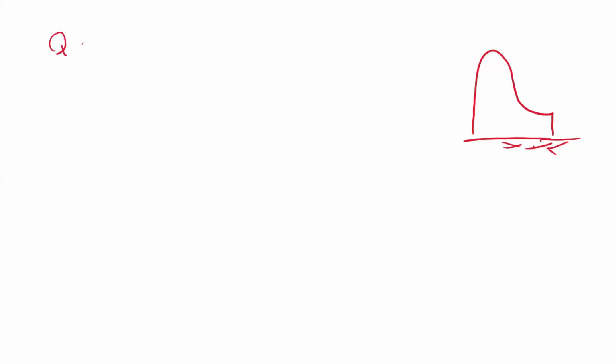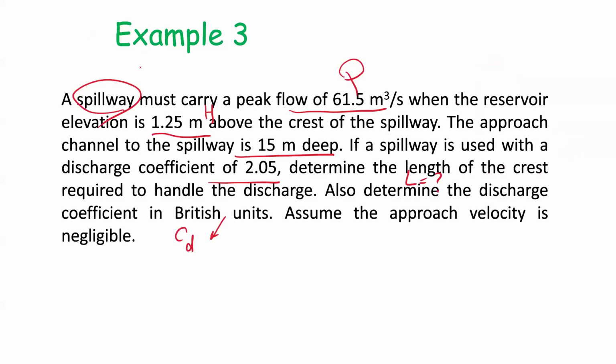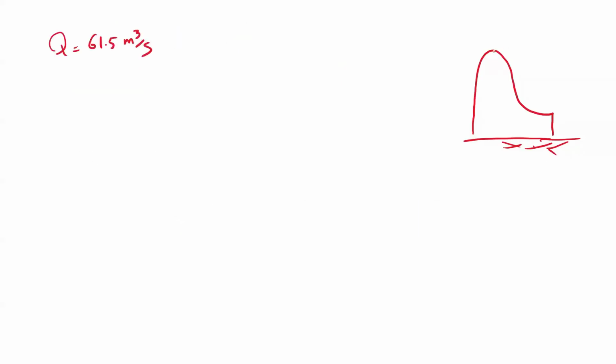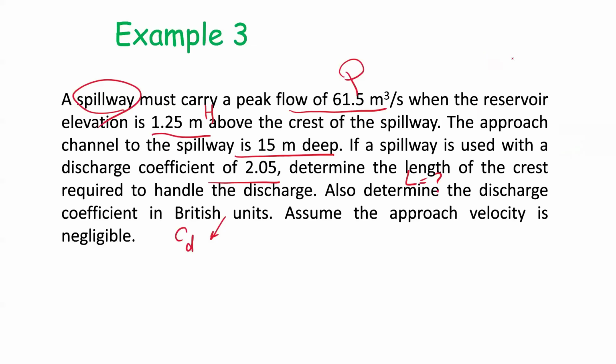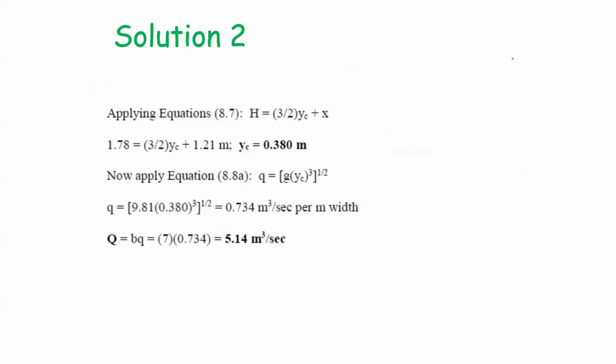Discharge Q is 61.5 cubic meter per second. It says that the reservoir elevation is 1.25 above the crest. Crest is here. It says 1.25 above that. Back to the question. The approach channel to the spillway is 15 meter deep.